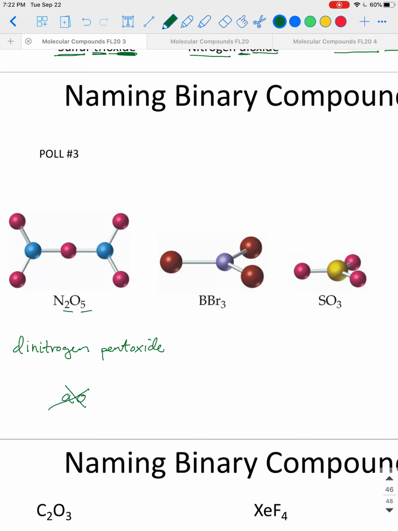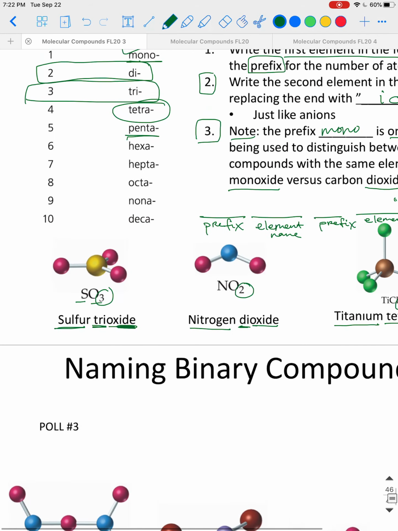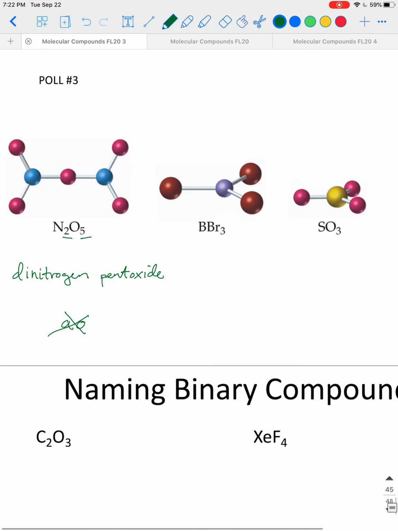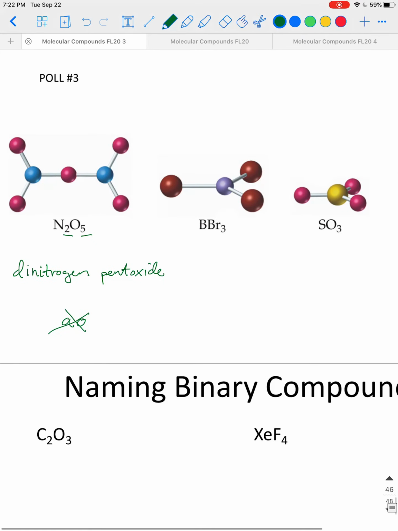So anytime you have oxygen, which starts with a vowel, you're going to drop the A on any prefixes that end with A. So if we're looking at which prefixes end with A, that's all of these. So anytime this prefix comes before oxygen, you drop the A. So it will just be pentoxide.